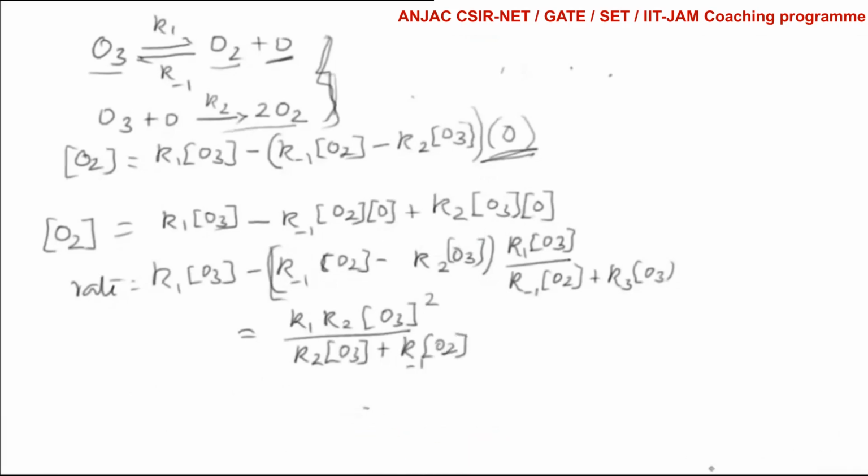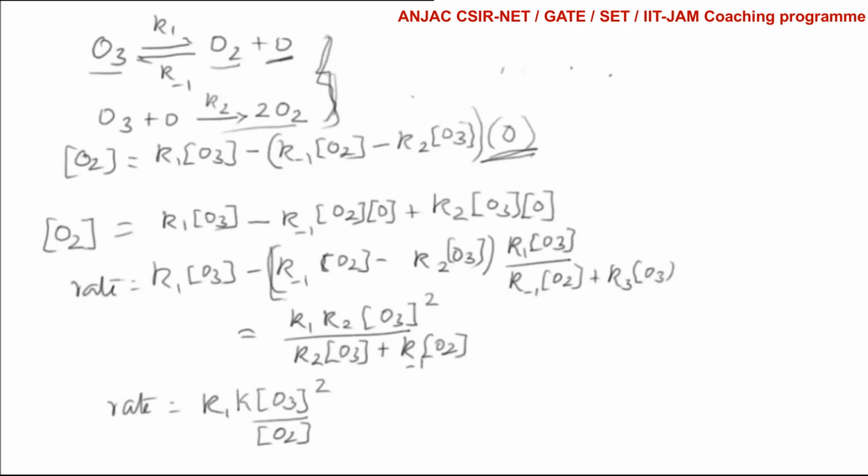That was obtained from applying the steady state method. The equilibrium method gave you a different result: the rate is equal to k1 K into [O3]^2 by the concentration of O2. Now compare these two. One is somewhat different, because in that one only one step is the slowest step, and we have taken that one as a simple method.